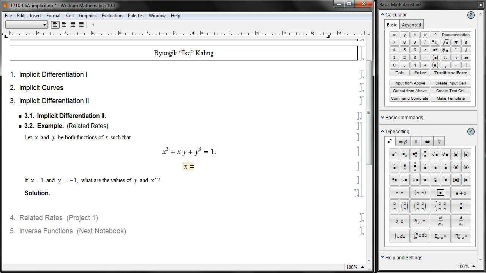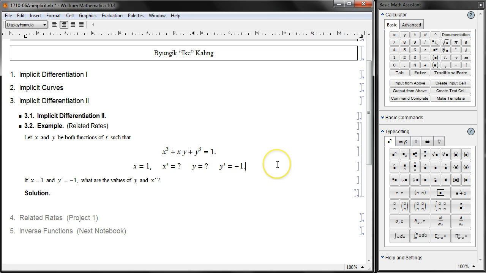Basically, we have this kind of situation. x is equal to 1, we know. x prime, we don't know that. y, we don't know that. y prime is equal to negative 1.